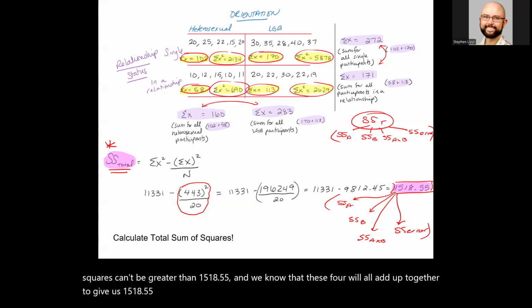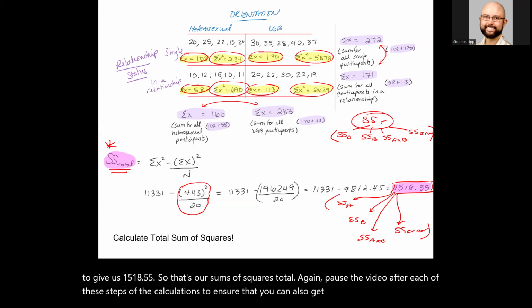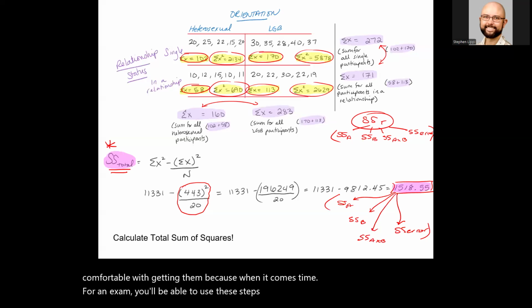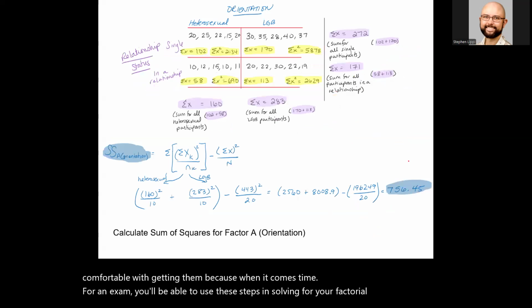So that's our sums of squares total. Again, pause the video after each of these steps of the calculations to ensure that you can also get these values and you feel comfortable with getting them. Because when it comes time for an exam, you'll be able to use these steps in solving for your factorial ANOVA.